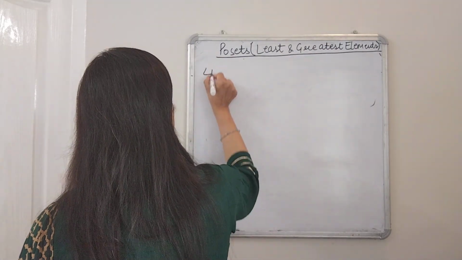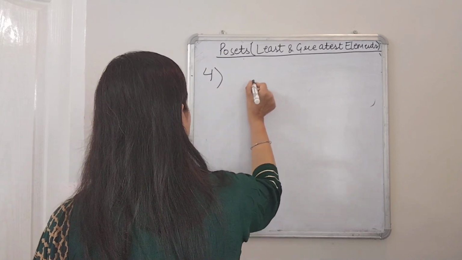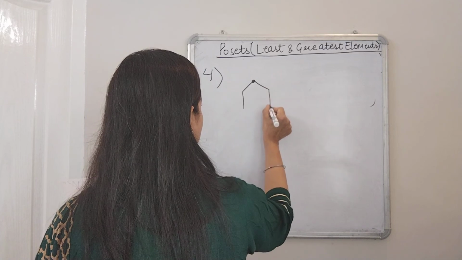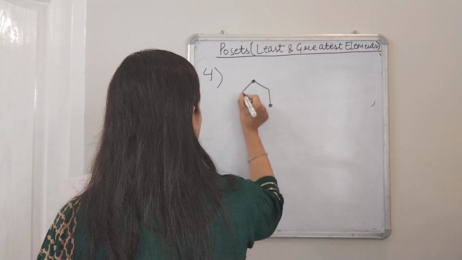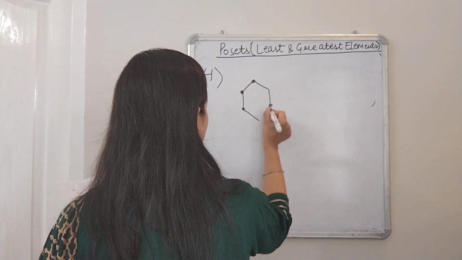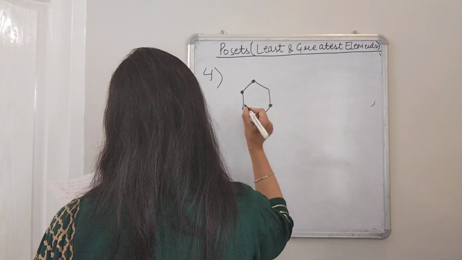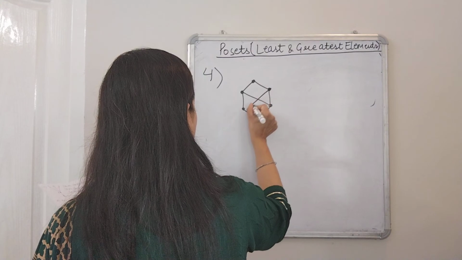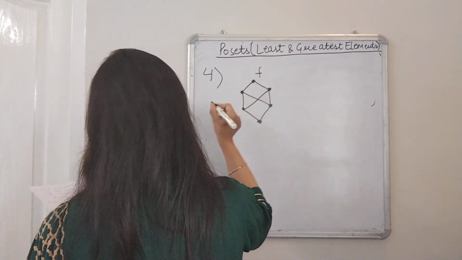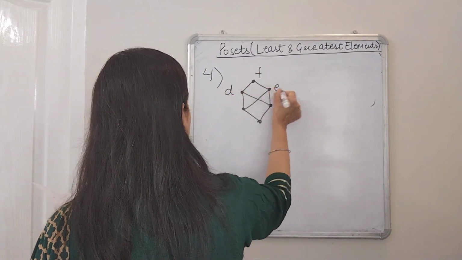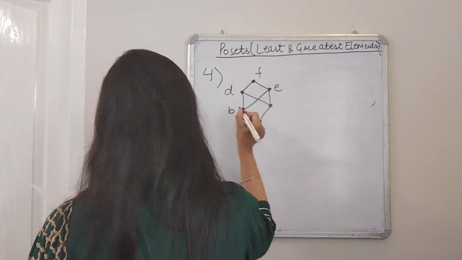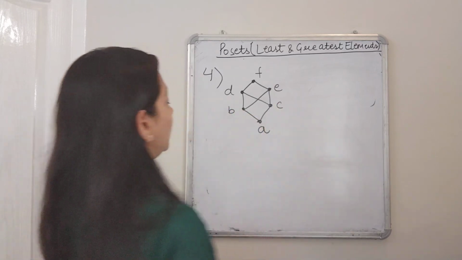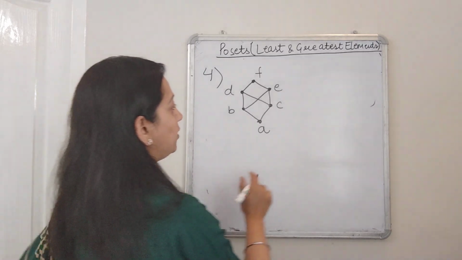Okay, so this diagram is like this. First of all we will find out the pairings.